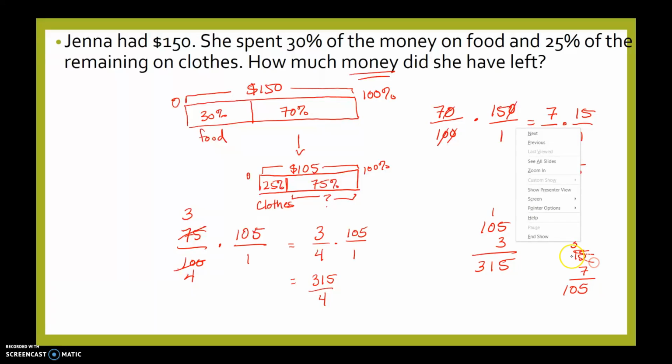So let's do that. We've got 315. We want to divide that by 4. 4 goes into 31 7 times. 4 goes into 35 8 times. 8 times 4 is 32.